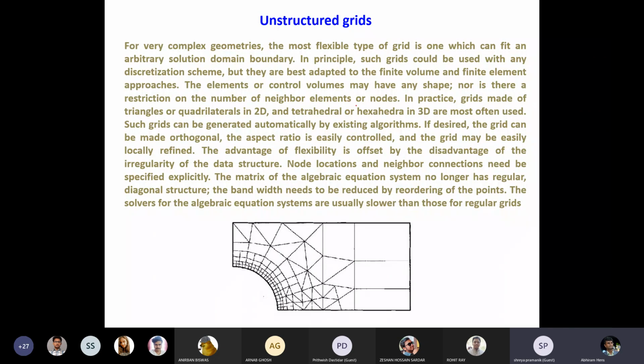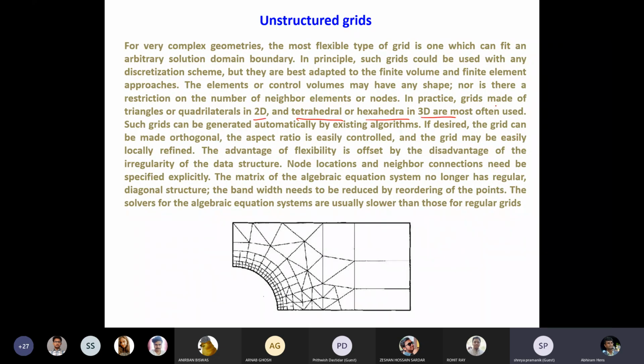The elements or control volumes may have any shape, nor is there a restriction on the number of neighboring elements or nodes. So in structured grids it was clear that in 3D there will be 6 neighboring points, in 2D there will be 4, but here there are no restrictions. In practice, grids are made of triangles or quadrilaterals in 2D and tetrahedra or hexahedra in 3D.